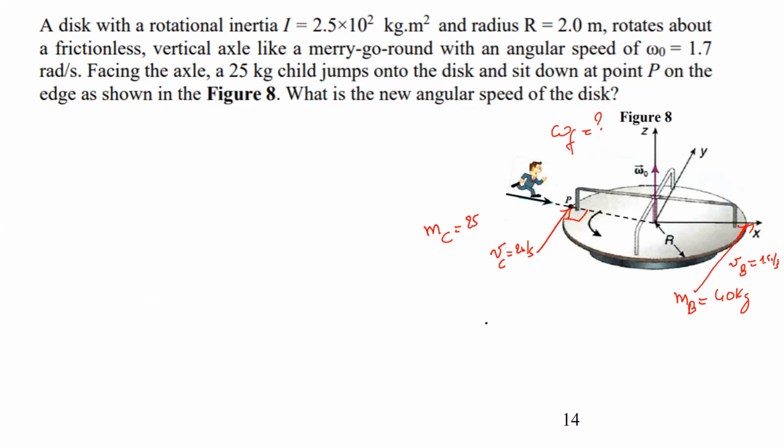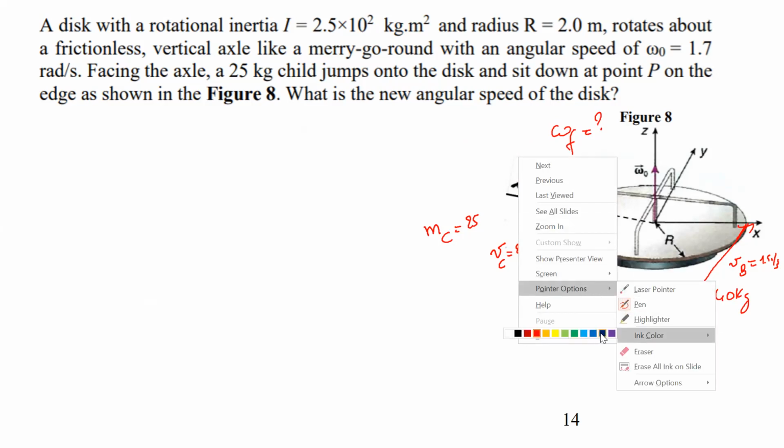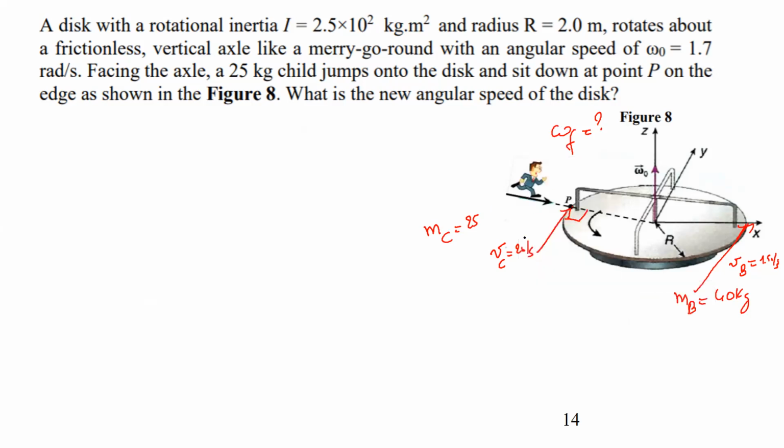You get my point? And by the way, I can say that you have another child, let's say Muhammad Farhan, and he's jumping now, not tangentially. He will jump with a certain angle theta, which is, let's say, 20 degrees.